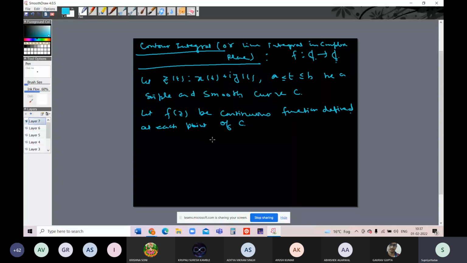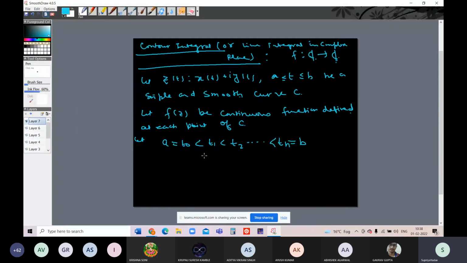Like the line integral we studied in Mathematics 1 in a plane, in the same way we will define it here. First of all, we divide the interval a to b into a partition by choosing some points between them. Let a be the first point, denoted by t0, then we choose a point t1 between a and b, then t2 and so on, and the last point is tn, which is equal to b.